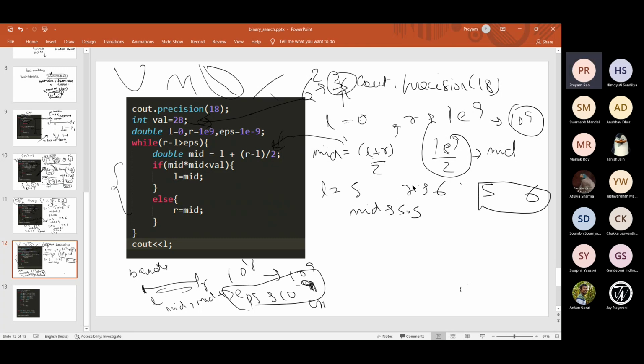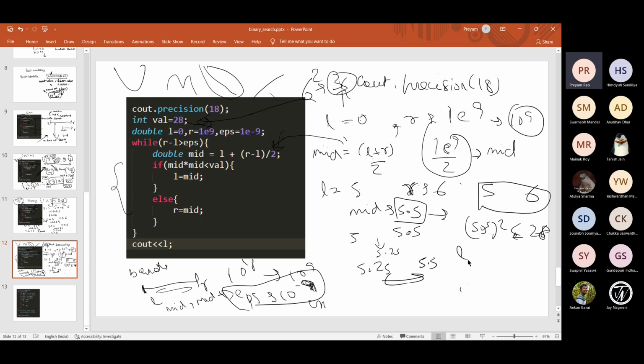But now we'll check with 5.5, so we'll find what 5.5 squared is. We'll check if this value is less than or equal to 28. If this value is greater than 28, then we'll search from 5 to 5.5. Then mid will be equal to 5.25. Then we'll check if it's greater than or equal to 28. If it is, then we'll search from 5.25 to 5.5.